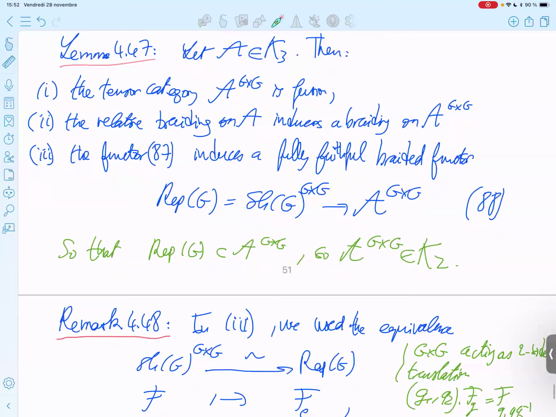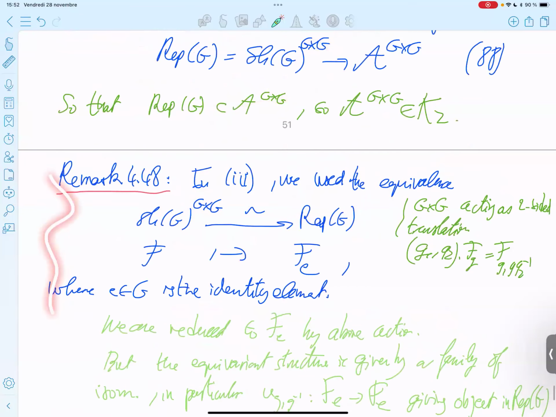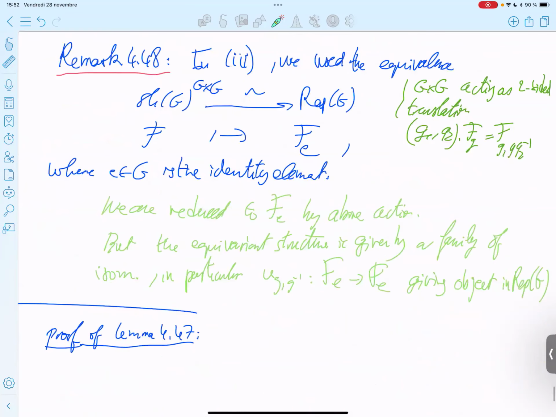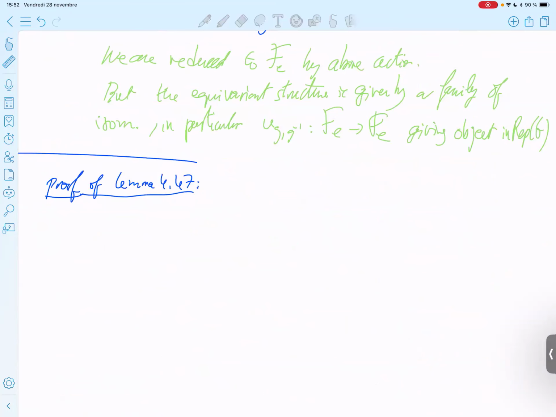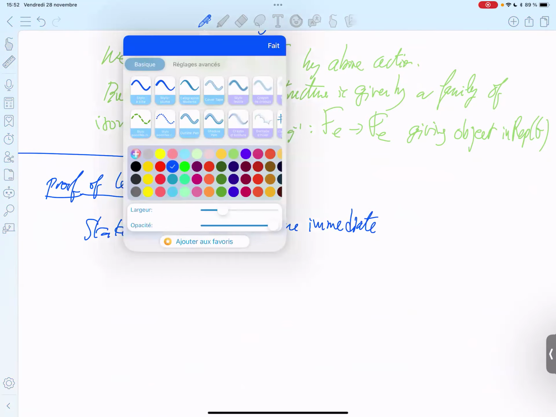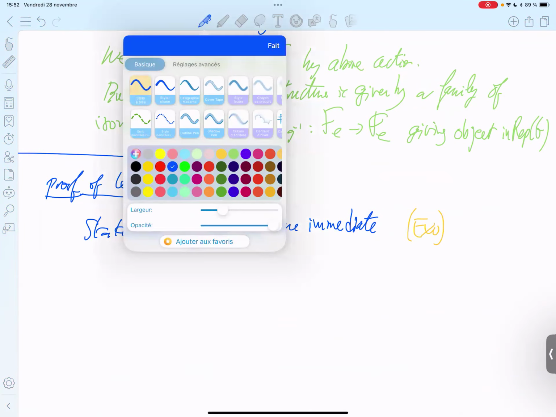And the third point, I guess we have some details here. So the second and third statements, 2 and 3, are immediate, but you can fill in the details as an exercise if you want. So what about the first point?